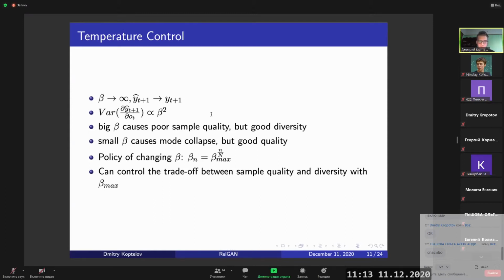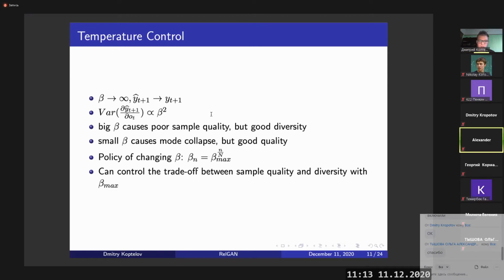If beta tends to infinity, we have a better approximation of argmax, but a big variance of gradients. It's our intuition that big beta causes poor sample quality but good diversity.